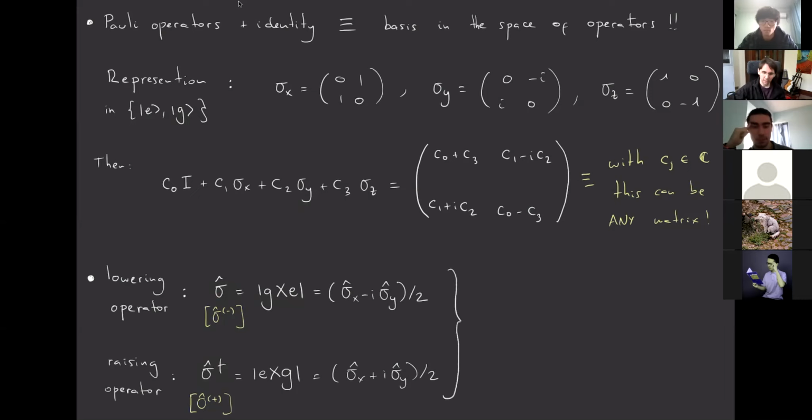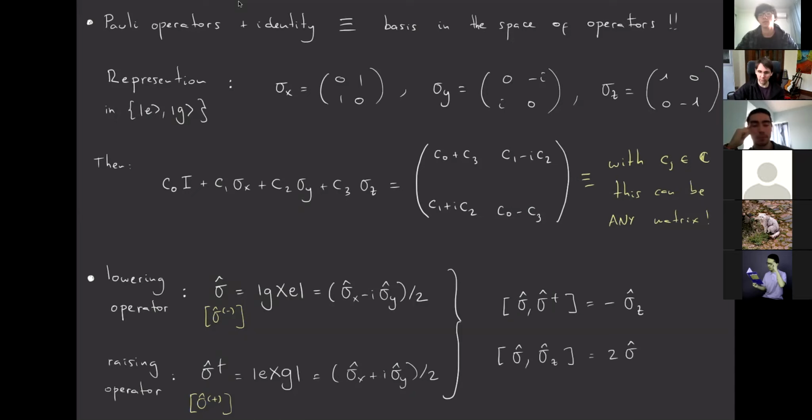So now the only thing that I want to say about these raising and lowering operators is that they have commutation relations that are also very nice to write, which are the following. If you calculate the commutator between sigma and sigma dagger, you get minus sigma z. And if you calculate the commutator between sigma and sigma z, then you get 2 sigma.